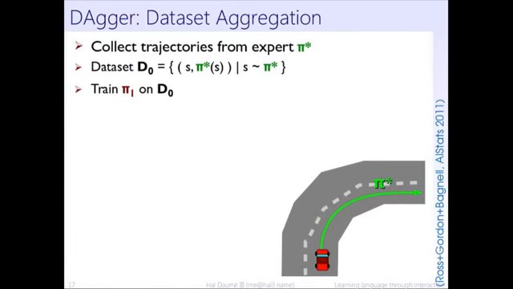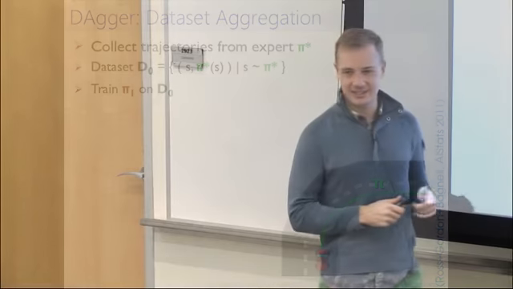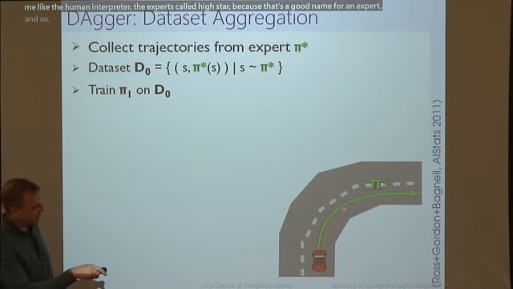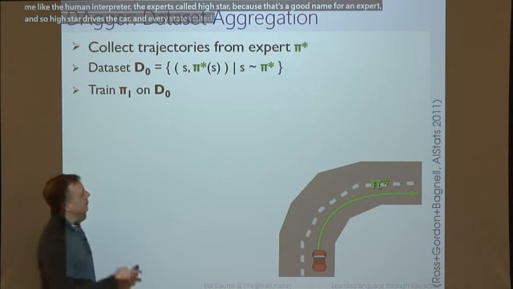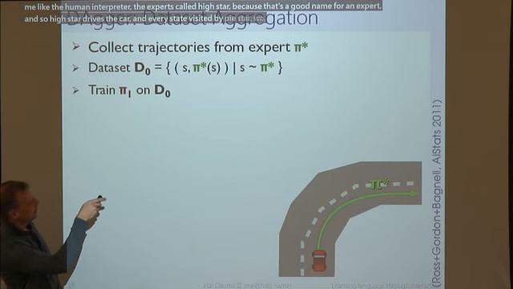We put an expert in the car, and the expert is going to be like the human interpreter. The expert's called Pi star, because that's a good name for an expert. Pi star drives the car, and at every state visited by Pi star, we collect an example where the input is the state and the output is the action that Pi star chose at that state.